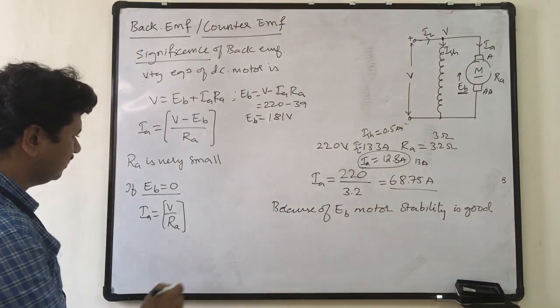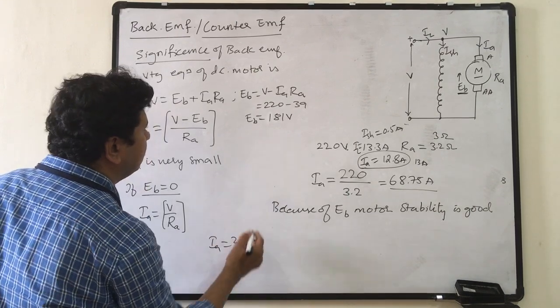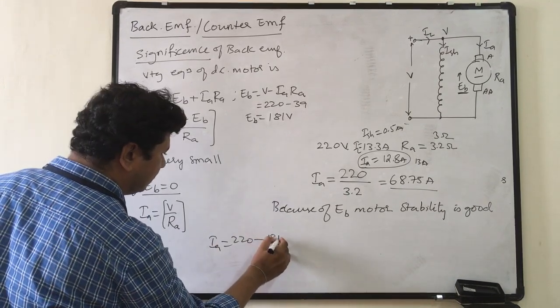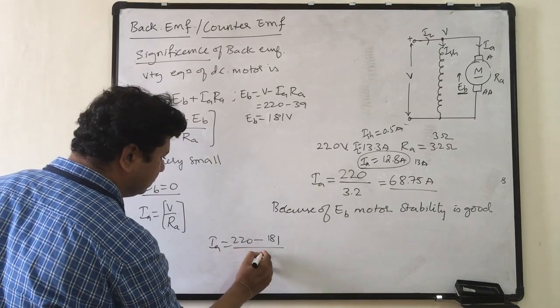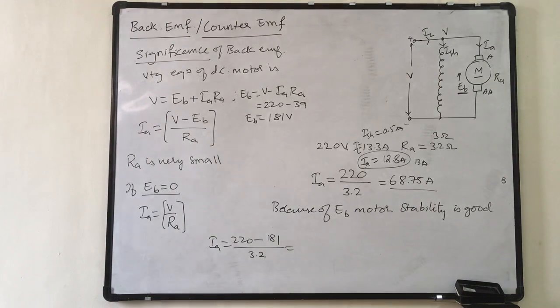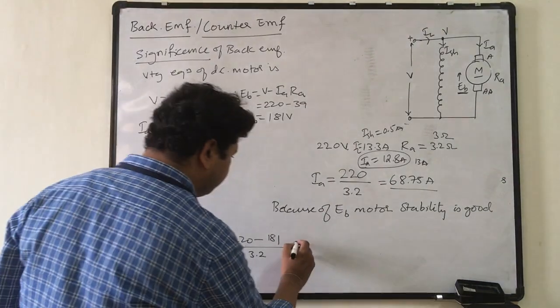So what is the current now? As per this equation, Ia is (220 minus 181) divided by Ra, that is 3.2, which is about 12.18.